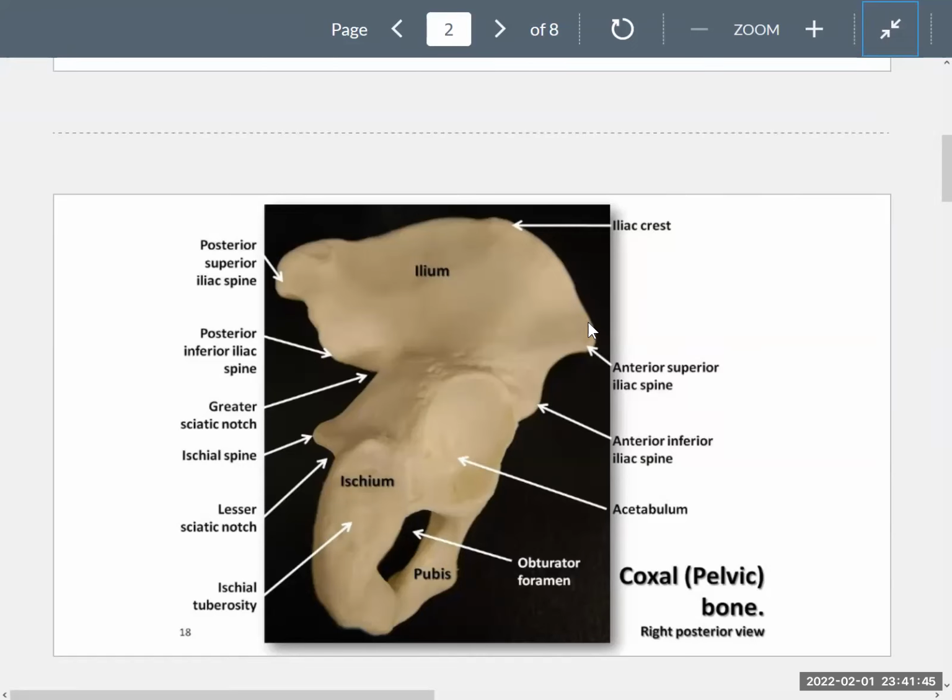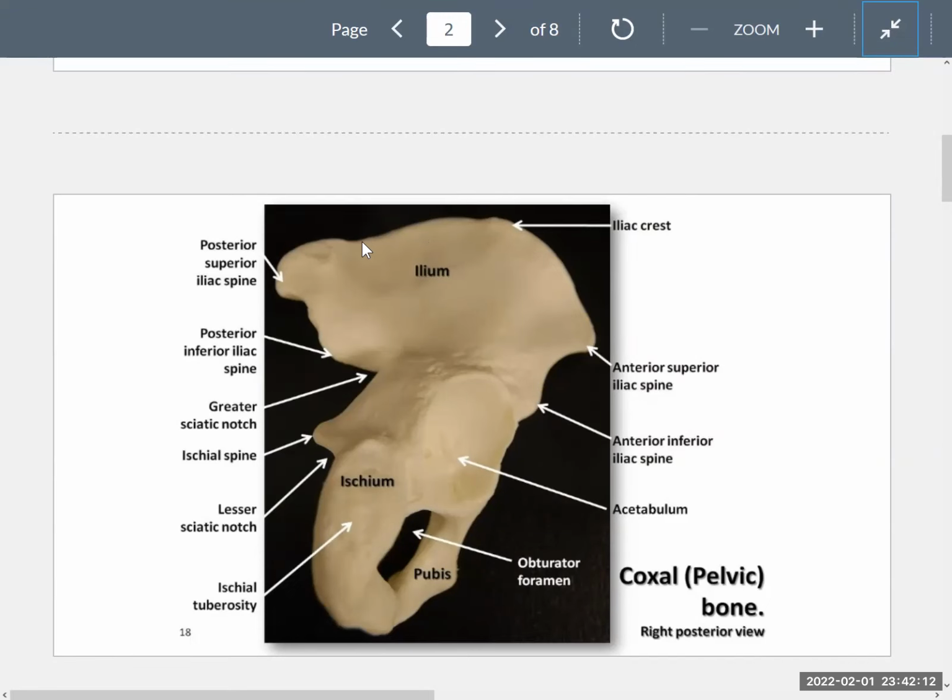But you've all seen thin people at the beach in bikinis or Speedos, and they've got 2 bumps on the right, 2 bumps on their left side. Those bony projections are the anterior spines.